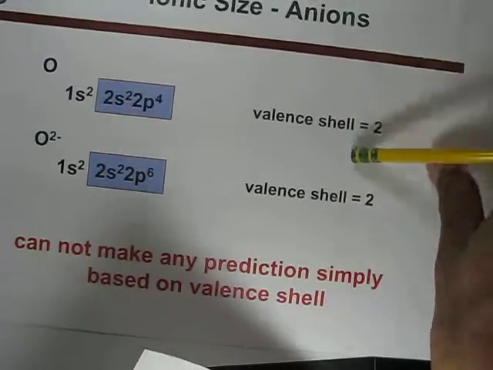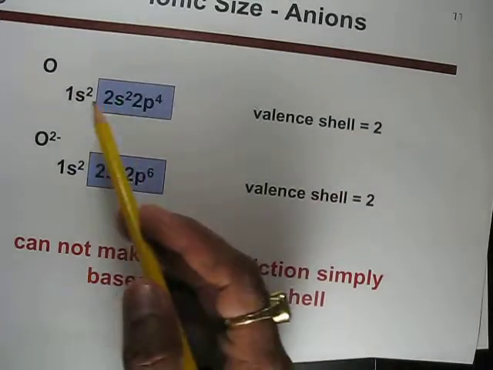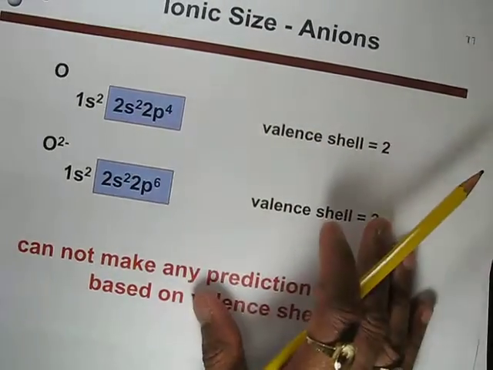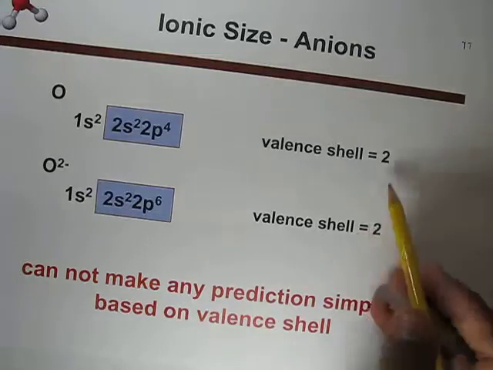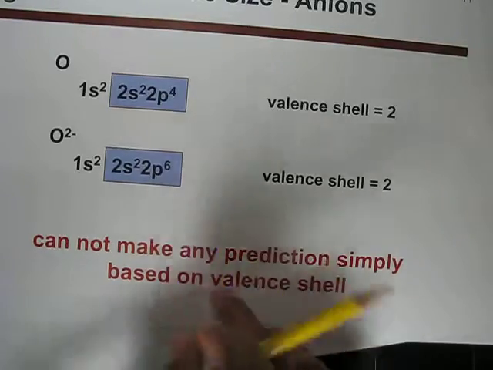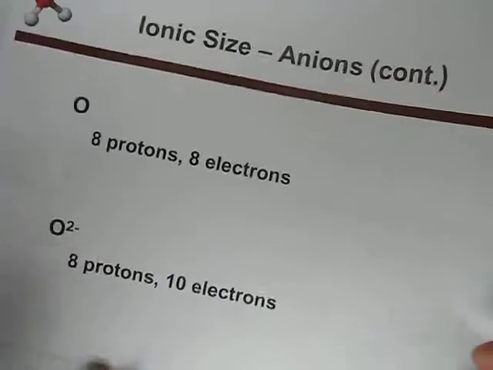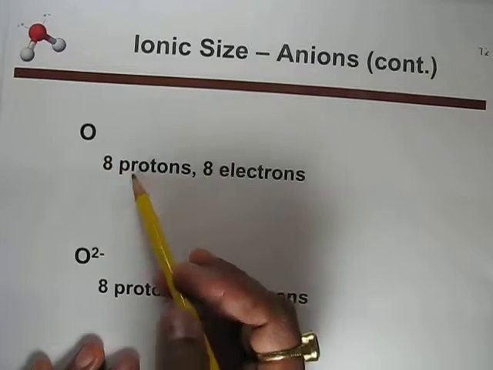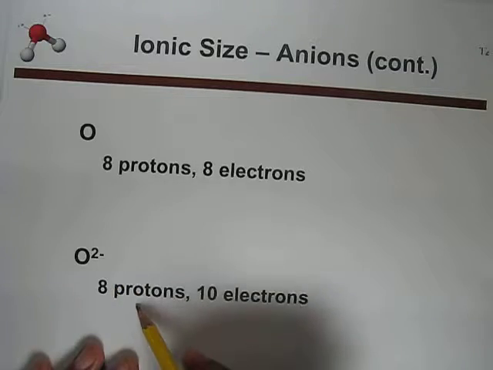The oxygen atom has 2, 4, and 8 electrons, and in oxide, the 2 more electrons are in the same valence shell. So the number of shells is not increasing, so we cannot predict simply based on the valence shell. The oxygen atom has 8 protons and 8 electrons, but the oxide ion has 8 protons and 10 electrons.